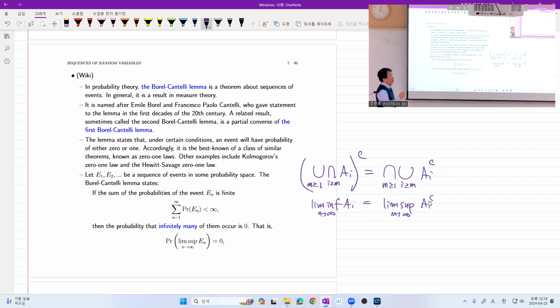Okay. And this is very simple, actually. You've learned this already from De Morgan's law, something like that. The complement of a union equals the intersection of the complements. And the complement of an intersection equals the union of the complements.